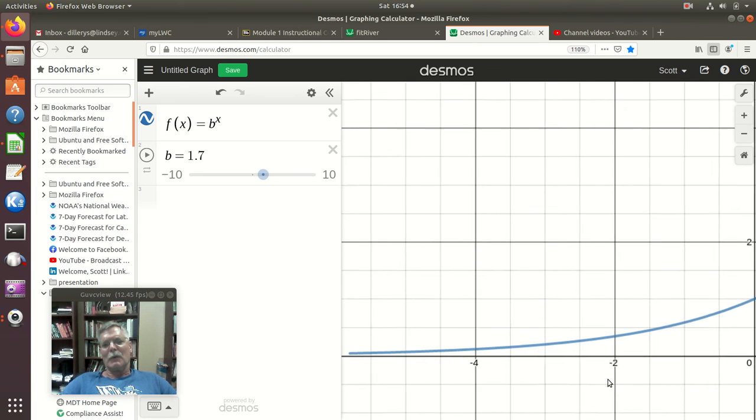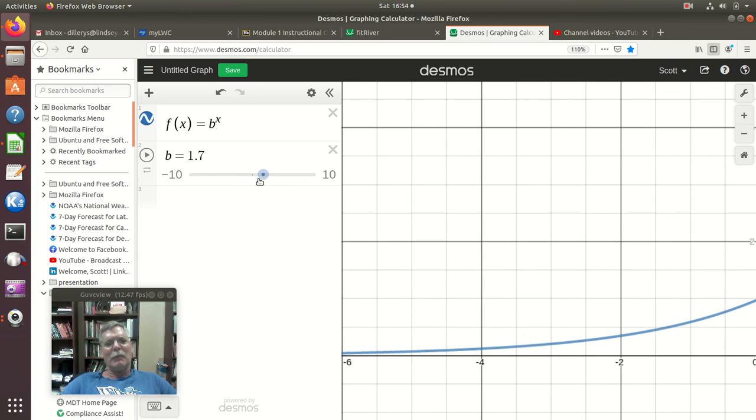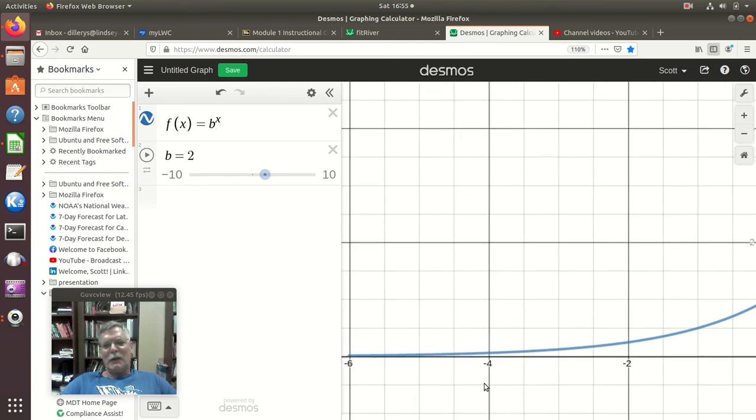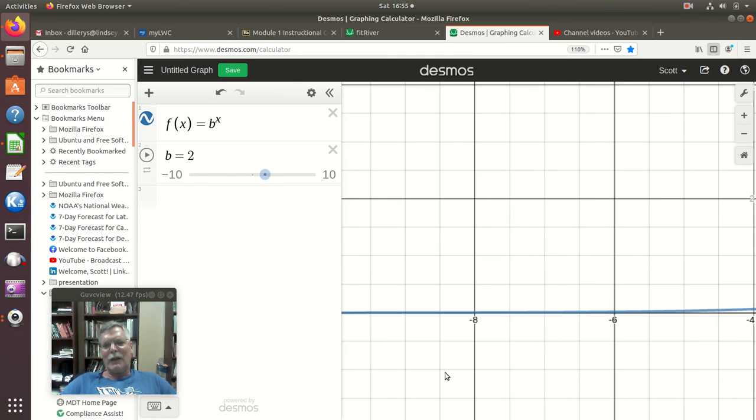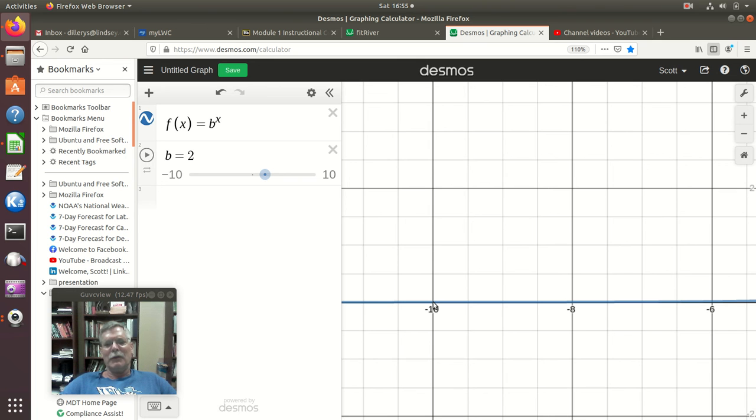But b to the x, so let me make it a 2 to take numbers that are a little better, right? If I take 2 to any power, it could never be a negative number. And so what happens is, like, 2 to the negative 10th, or well, here negative 4th, but 2 to the 10th is 1,000. So by the time I get to 2 to the negative 10th, that's 1 over 1,000. That's really tiny. It's basically 0. It's getting close to 0.